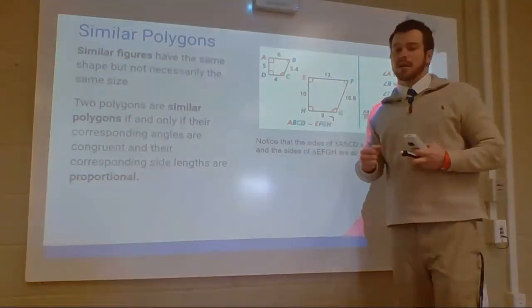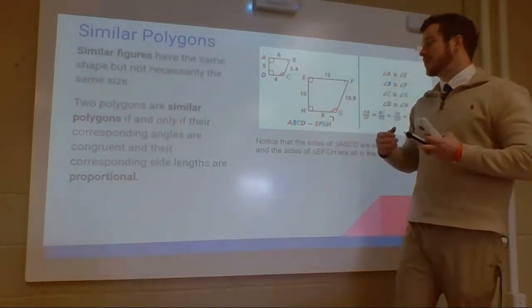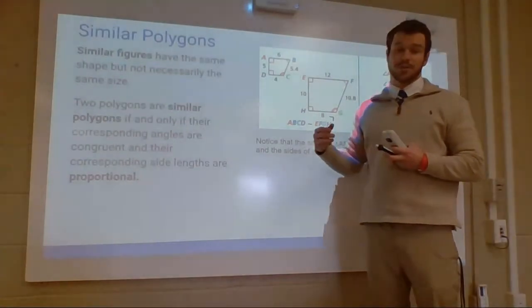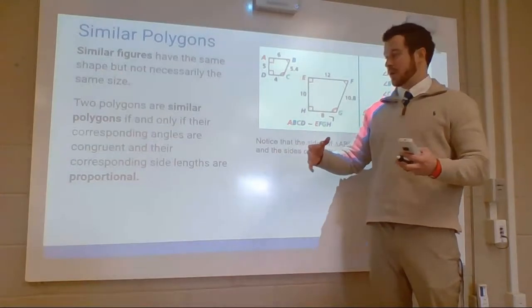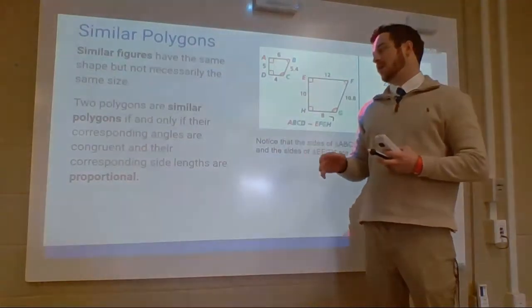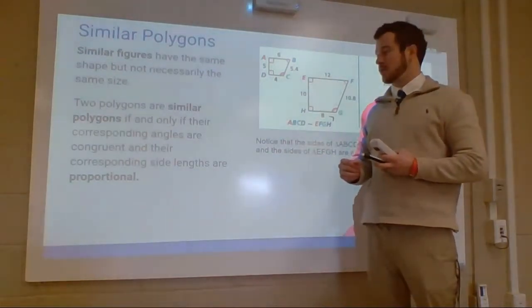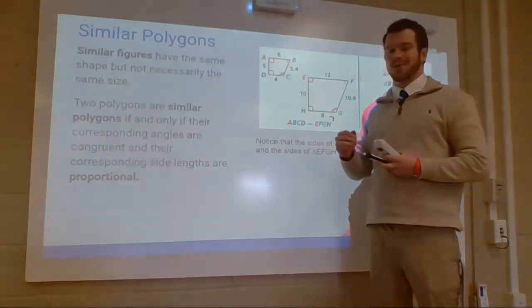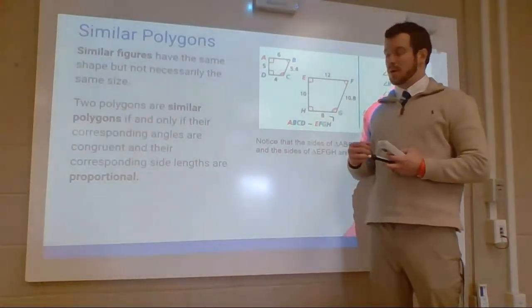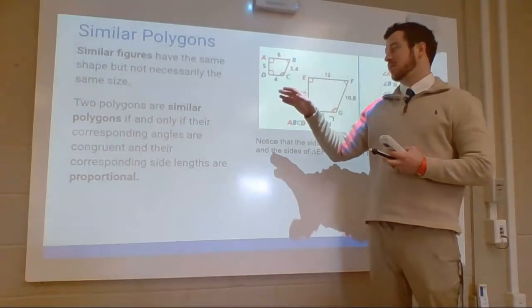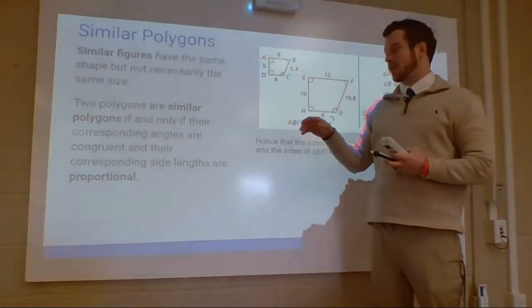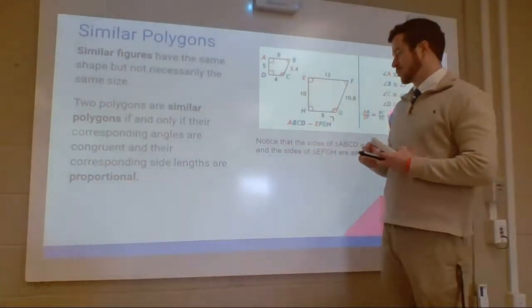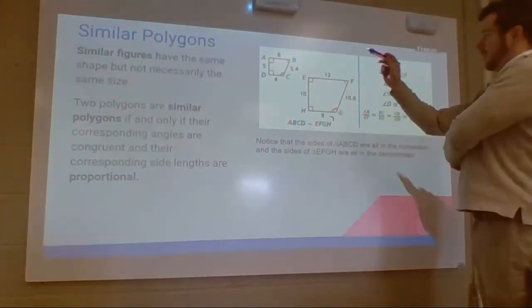And two polygons are similar polygons if and only if their corresponding angles, so the matching angles, the ones in the same position, are congruent and their corresponding side lengths are proportional. So, let's check this out.